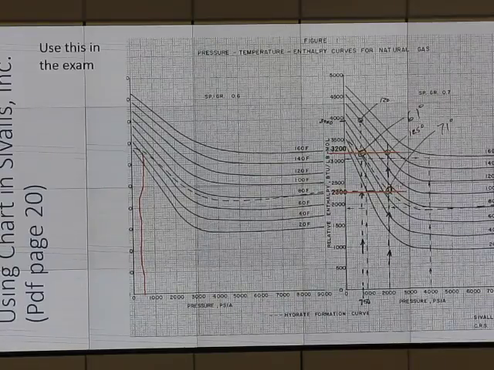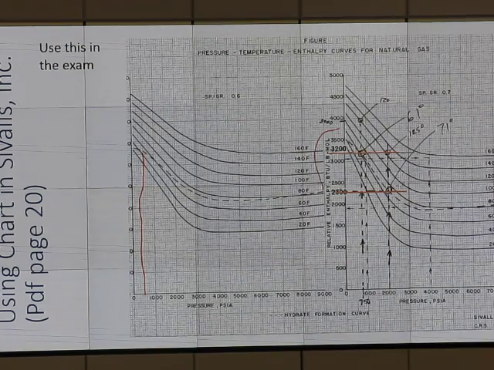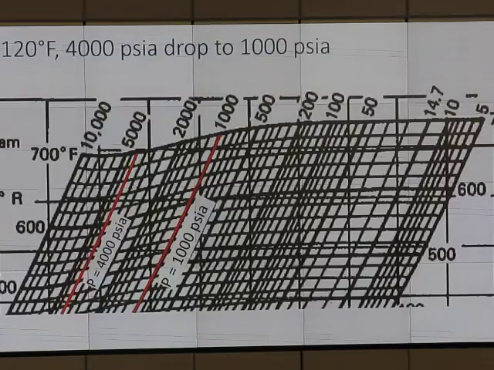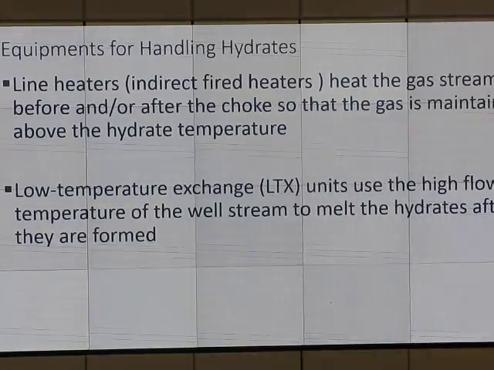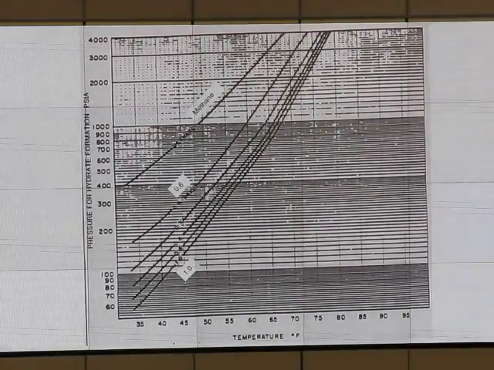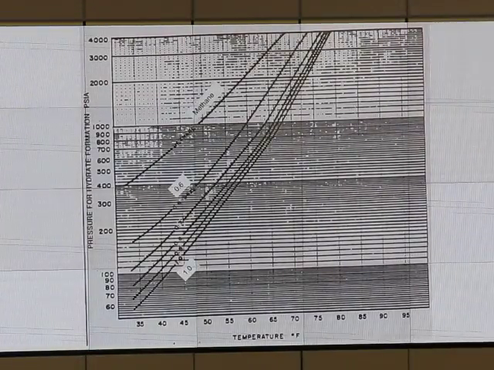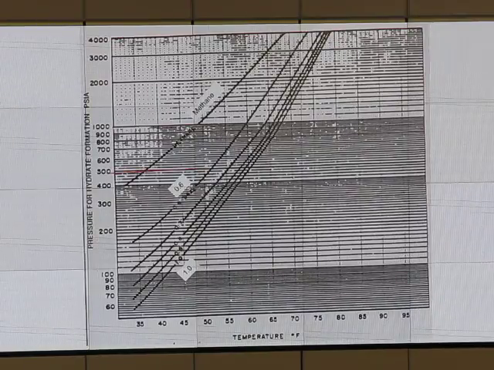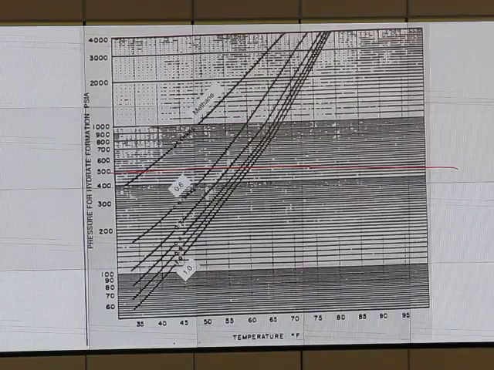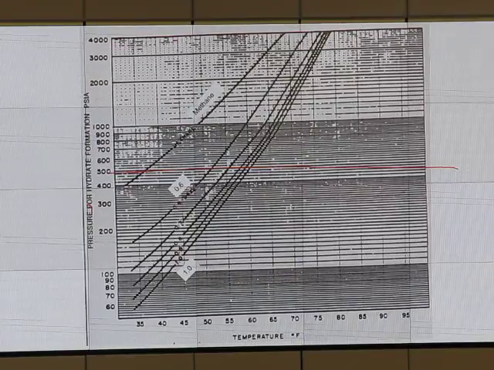If you want something more accurate, this chart gives you an enthalpy difference, but if you want an accurate hydrate temperature, you may not be able to read it from that chart. You read from this chart. So if you are at 500, let's take a look at 500. You produce mainly methane and a little bit more, so maybe specific gravity 0.65.